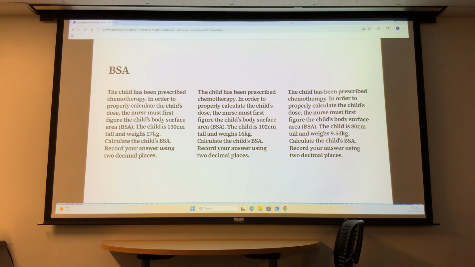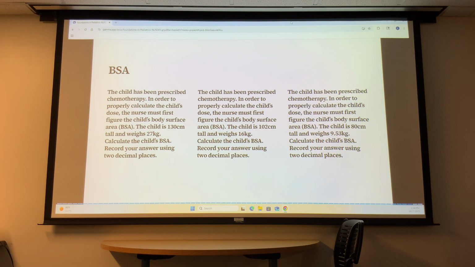So this is centimeters, and that's kilograms. So you're going to do 130 times 27. Hit equal. Then you're going to divide that by 3,600. Hit equal. And then hit your square root button.